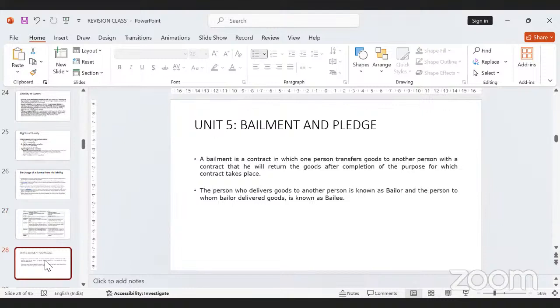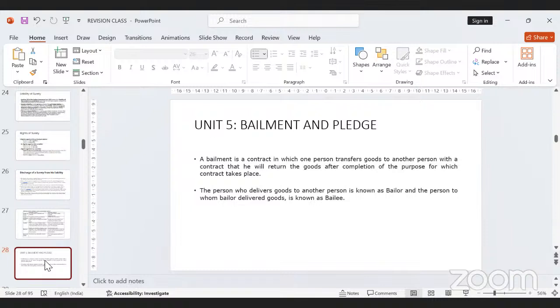Then bailment and pledge was one topic that we discussed. What happens in bailment is, goods are transferred from one person to another person, from a bailer to a bailee, and after the purpose is accomplished, the goods have to be returned back to the bailer. That is known as bailment. And what is pledge? Pledge is, again, goods are transferred from one person to another person with the intention of using those goods or property as security.